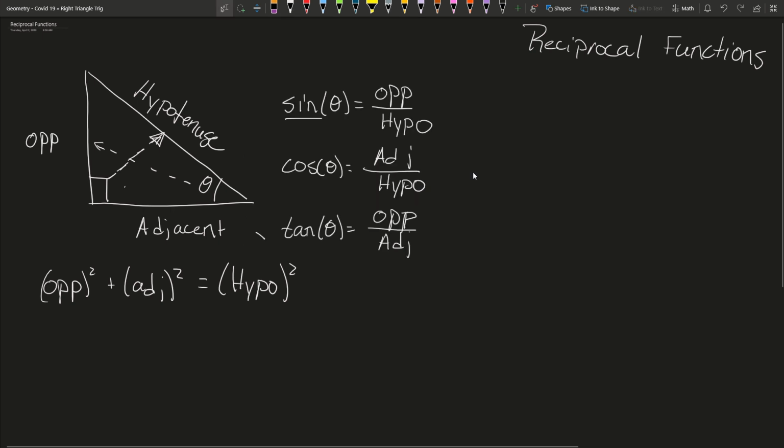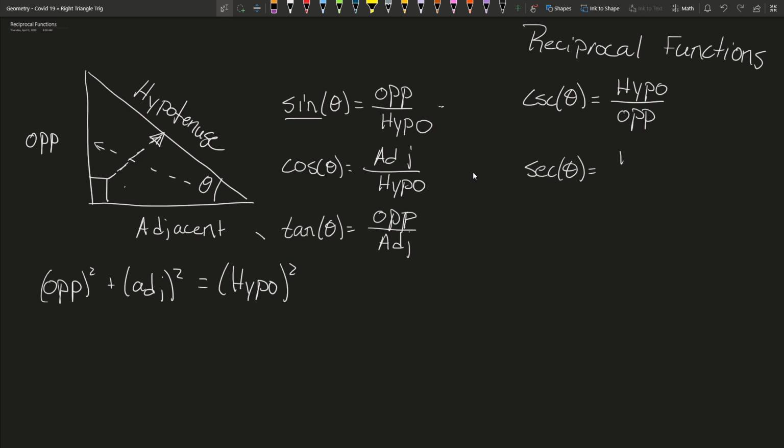Okay, so the reciprocal of sine, that's called cosecant. And the cosecant of theta is just the hypotenuse over the opposite. The reciprocal of cosine, that's called secant.